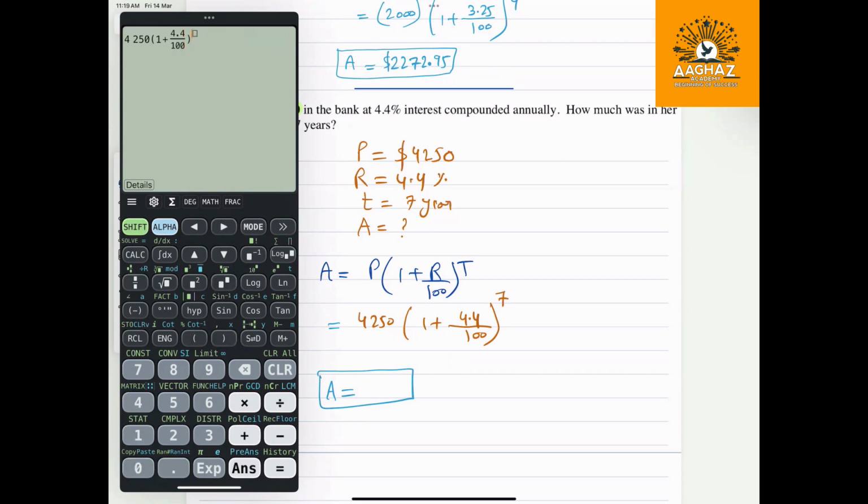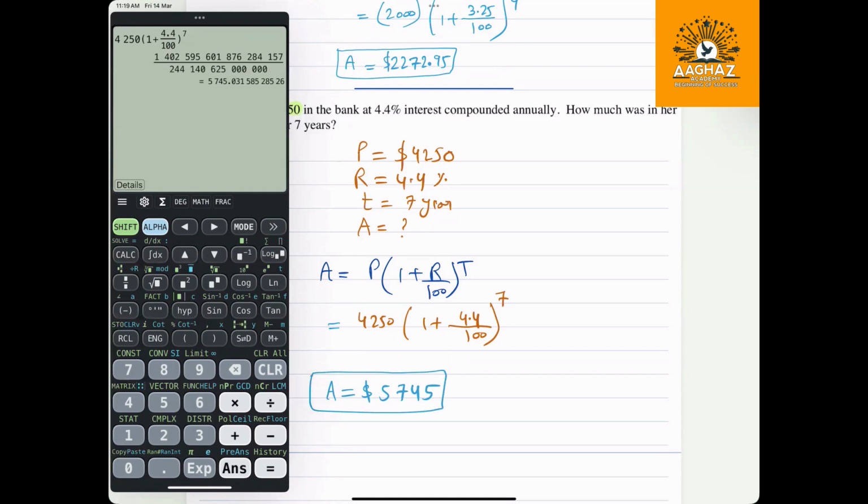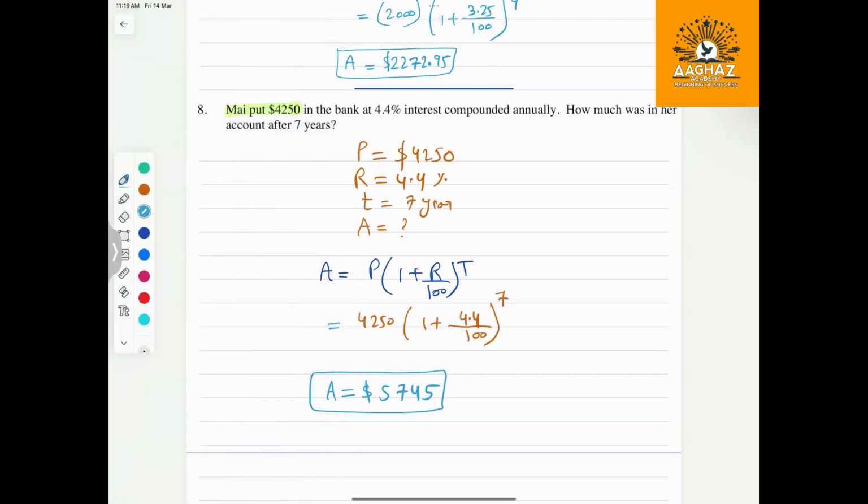You can observe the answer in dollars, that is $5745. This one will be the answer. If you have any problem with this question, you can tell me. Actually, you want to find out how much amount after 7 years. And because it is written compound interest, we use this formula and in the end we find the accurate answer.